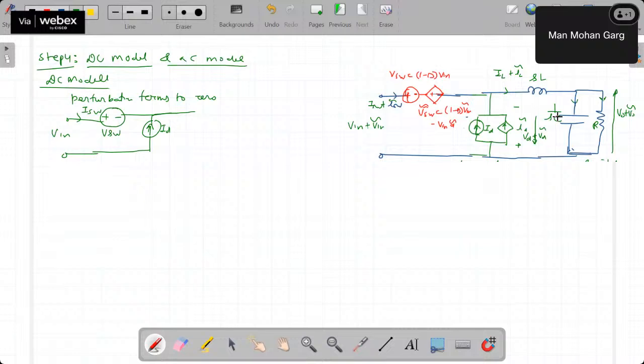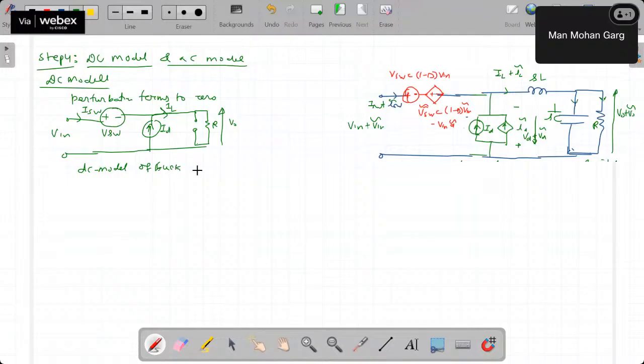If frequency is 0, then 1 upon sC is infinite, so it will be open circuit. Now this is your resistance R, the voltage across it is V0, and this current will be I_L only. So this is your steady state model or DC model.